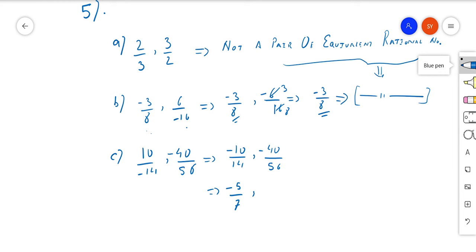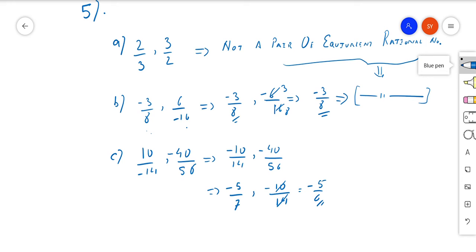Can we divide the other by 4? Yes, 4 tens are 40 and 4 14s are 56, which we can again further divide, and this will again divide by 2, which will give us nothing but minus 5 by 7.